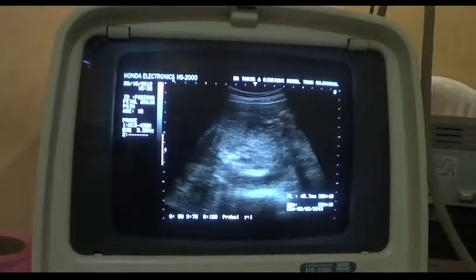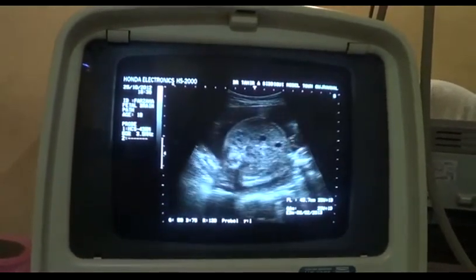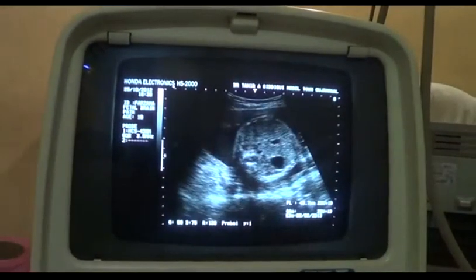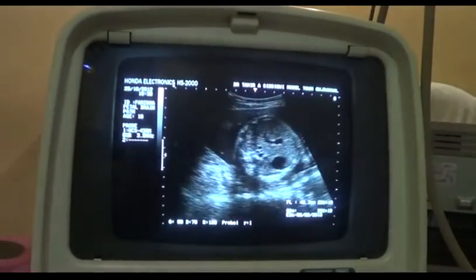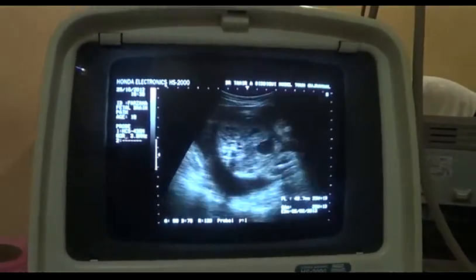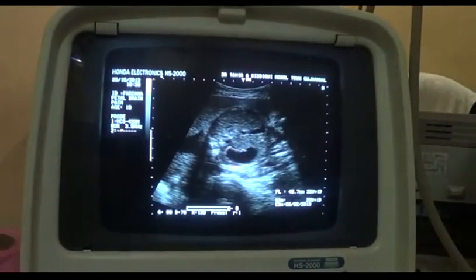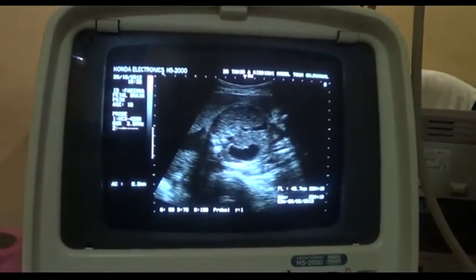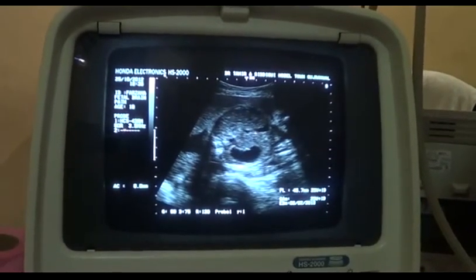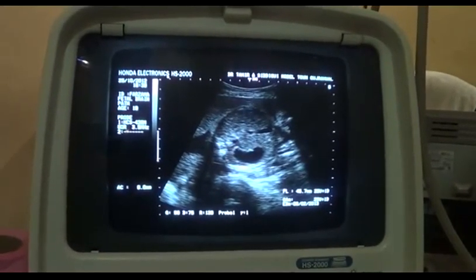So 25 weeks pregnant female. This is the transverse of the abdomen, and let's see the gestational age by the transverse of the fetal abdomen. This is the stomach bubble, these are the vertebra, and this is the umbilical vein.